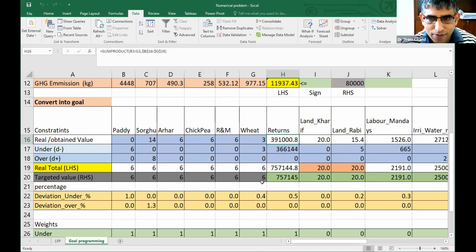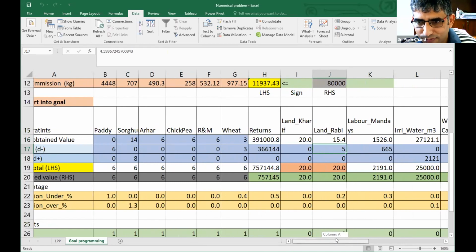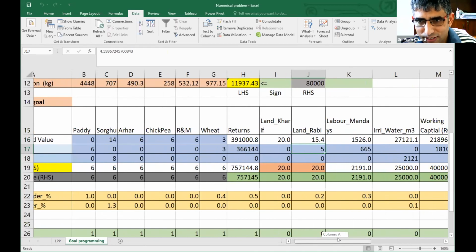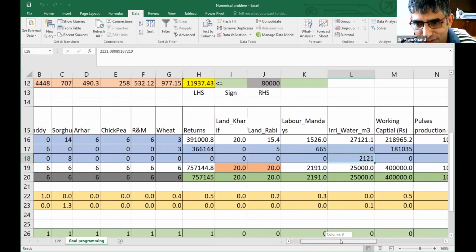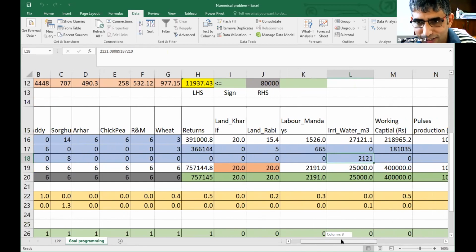The entire 5 hectare of land in Rabi will be unutilized because he doesn't have water. He has an additional obligation of reducing GHG emission. Also, he has unused labor, irrigation water. He has to borrow some irrigation water, even though he has this much. He has compromised the return.